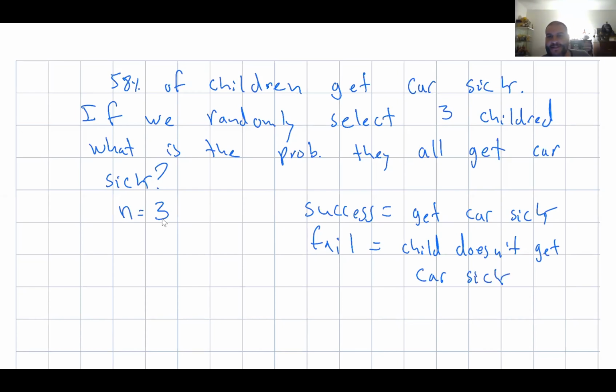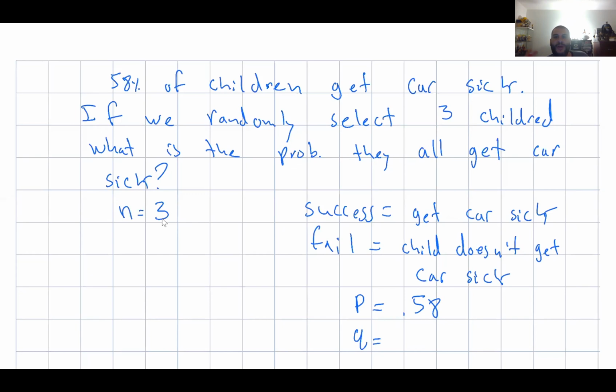So a success in this case will be if the child gets car sick. A failure will be if the child doesn't get car sick, correct? What's the probability this child gets car sick? Remember, P is the probability of success. So it should be 0.58. What's Q?